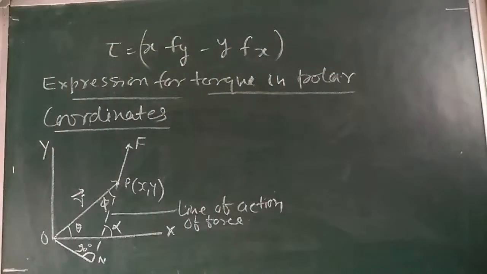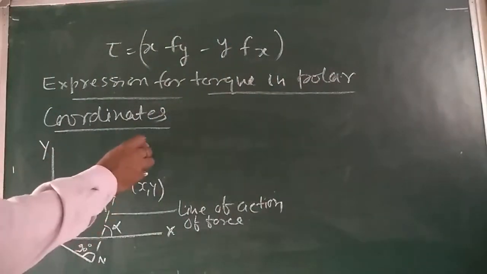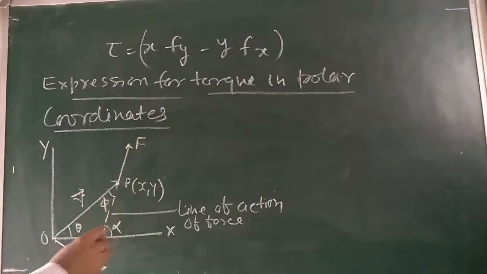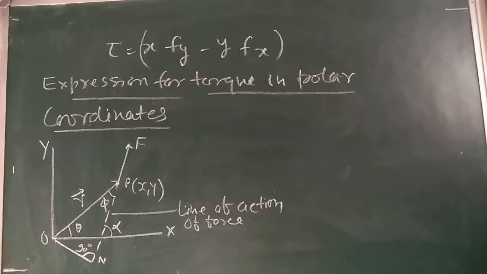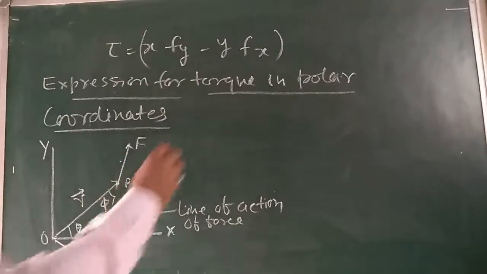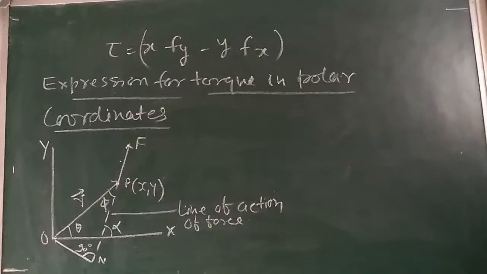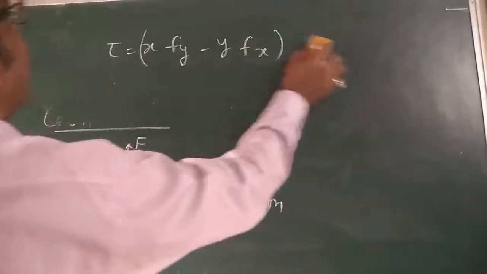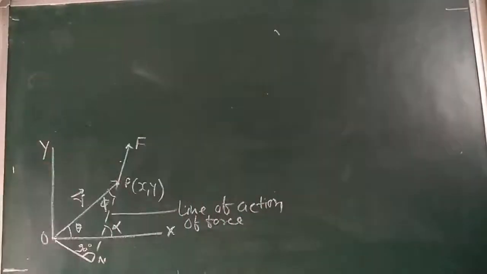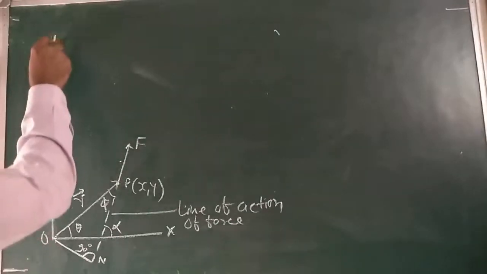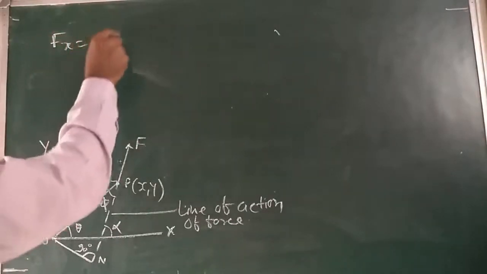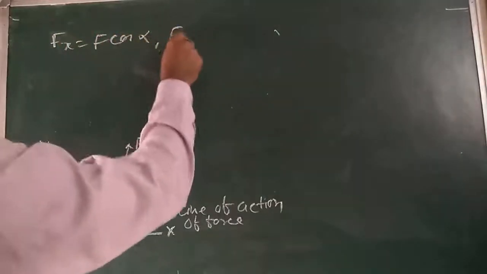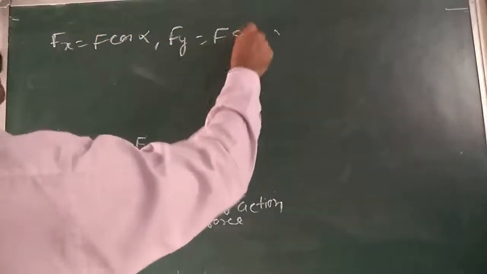Suppose the line of action of force F makes an angle alpha with the x-axis. The component of F along the x-axis, fx, is f cos alpha, and fy is f sin alpha.